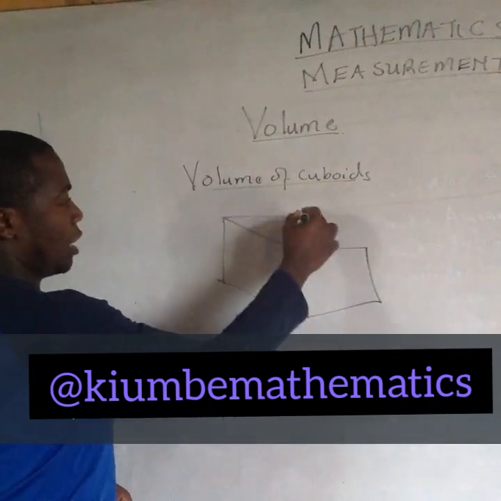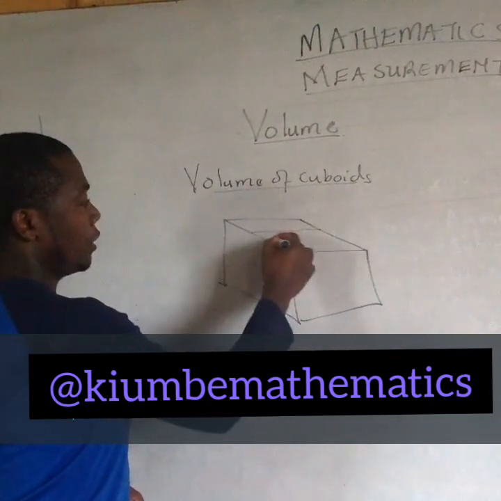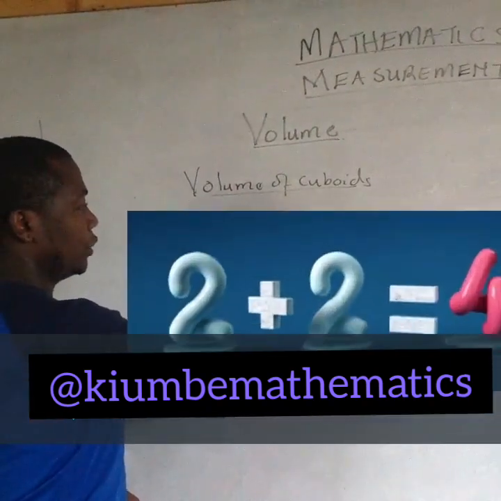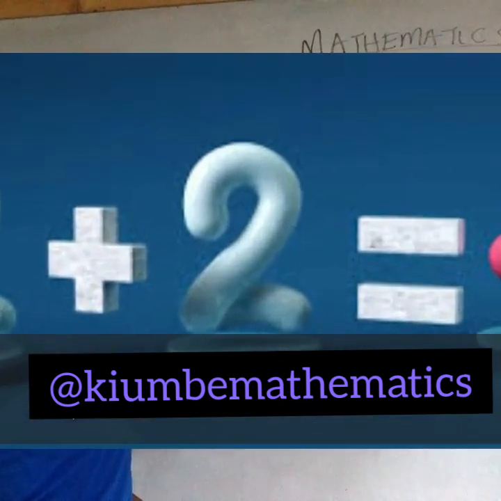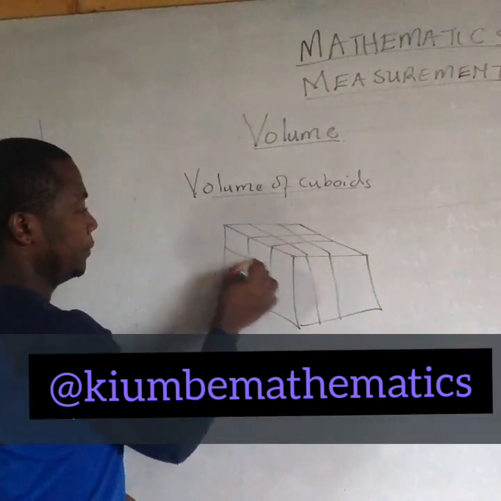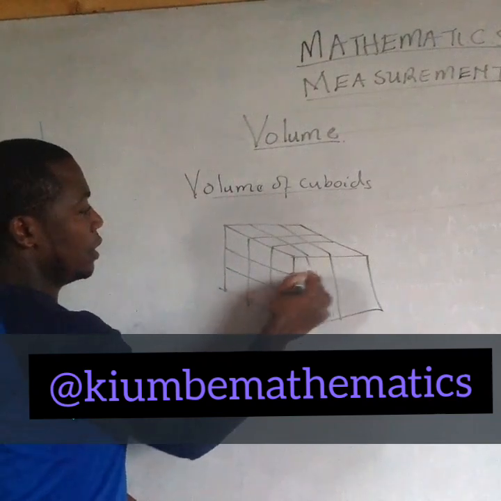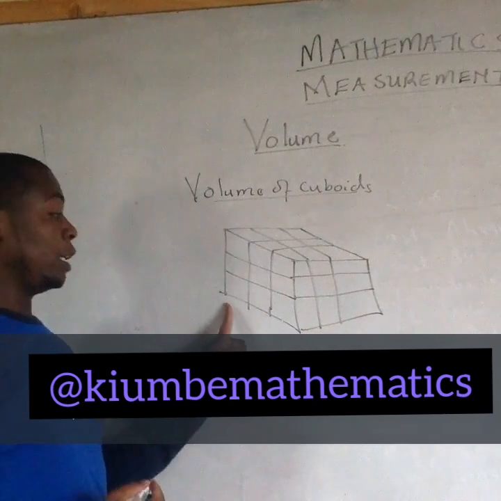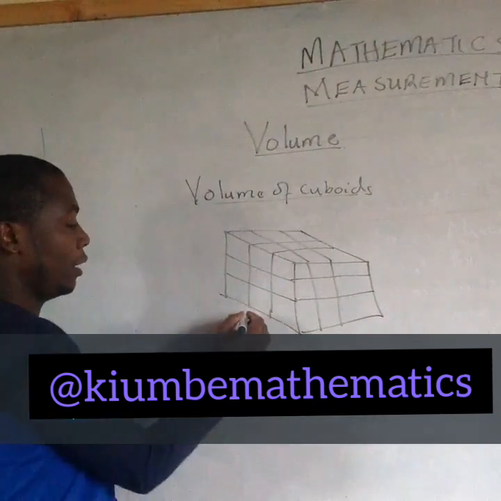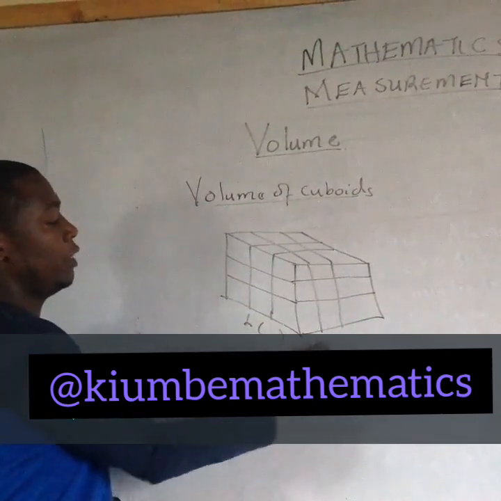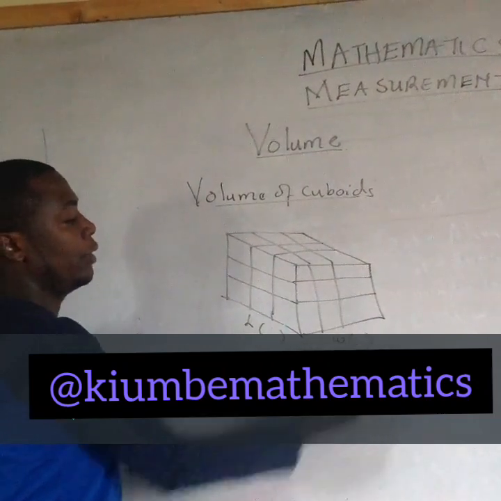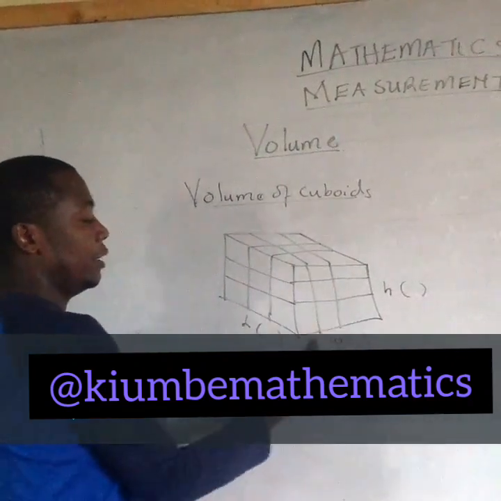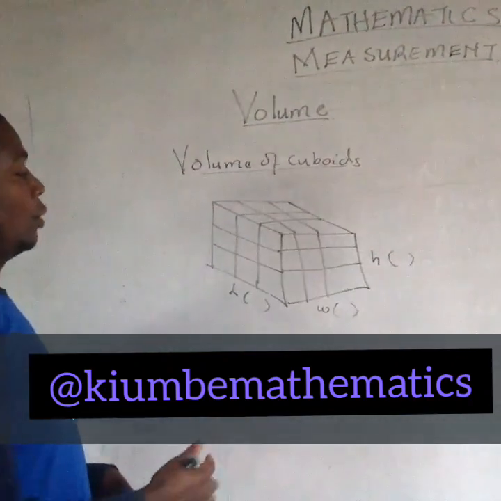if you have got a cube stack, and someone asks you how many cubes are here, we know that you just simply count the ones on the length, how many are on the length, then we count how many are on the width, then we count how many are on the height, then the three answers we multiply.